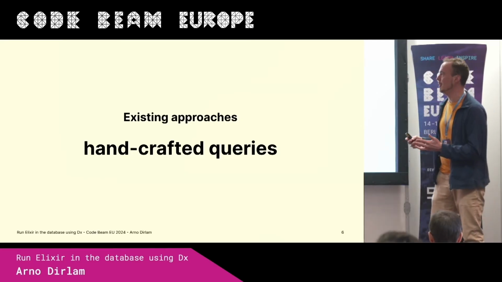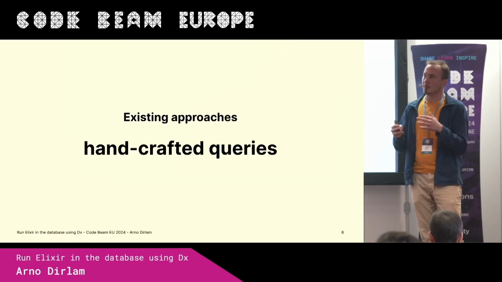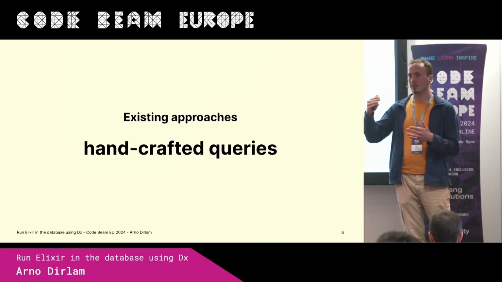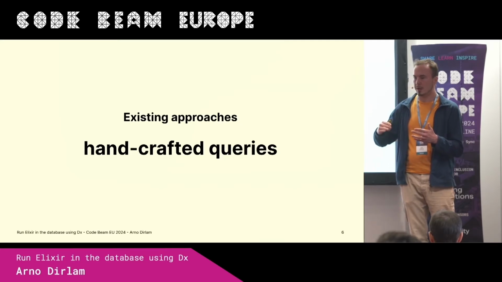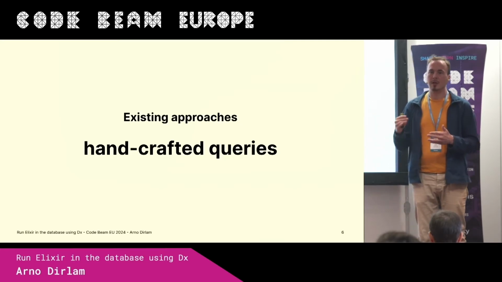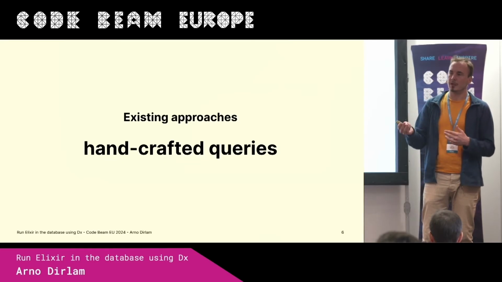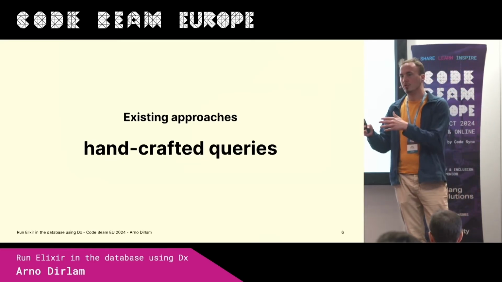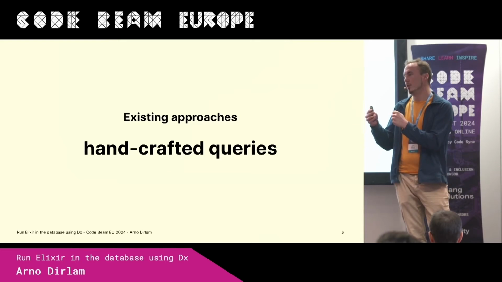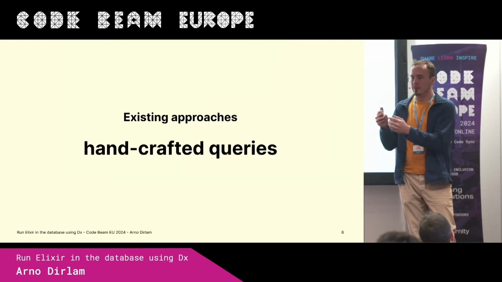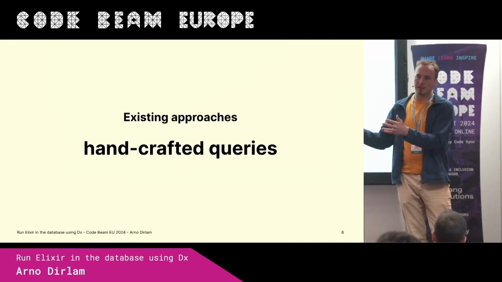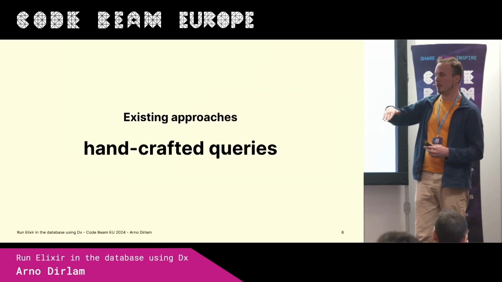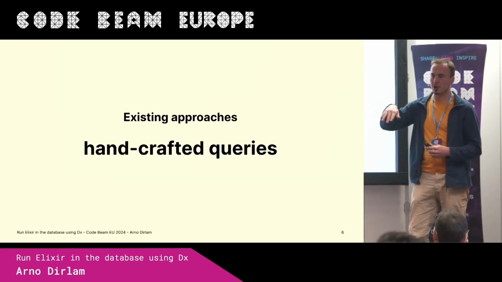So for example, if you have some dynamic parts, let's say just dynamic in the sense of some filters are in there or are not in there, then let's say those filters are related to some associations, then you need to join in the association. And if maybe you need that in several of the filters, then each of the filters needs to check, okay, I am the first one that's adding the join.